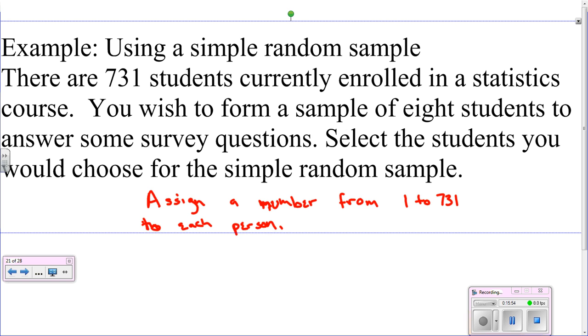Now, from here, you can automatically say, oh, well, I can pick random numbers, 255, 645. Those aren't completely random numbers. So the easiest way to do it is to go back to your random number table.